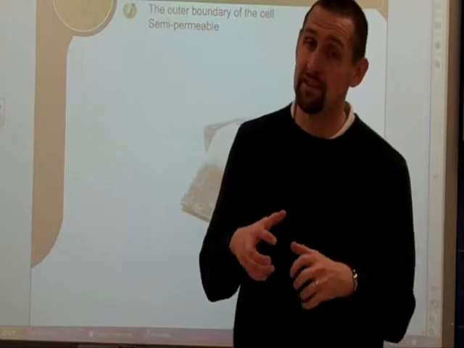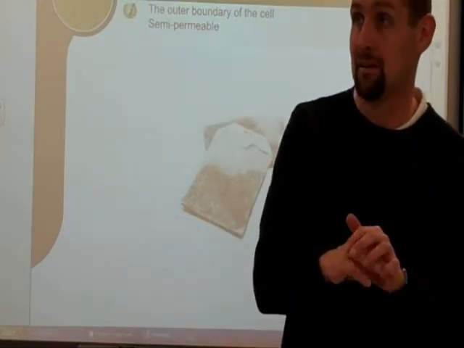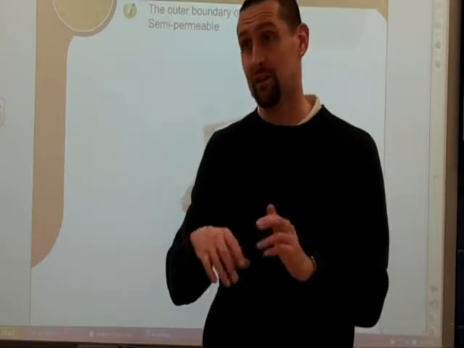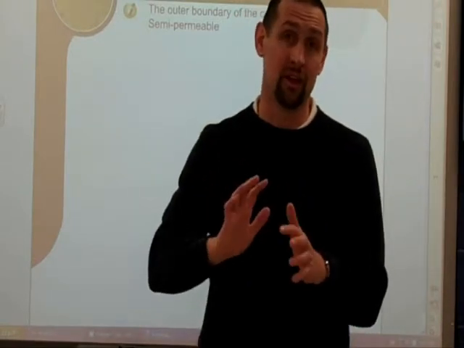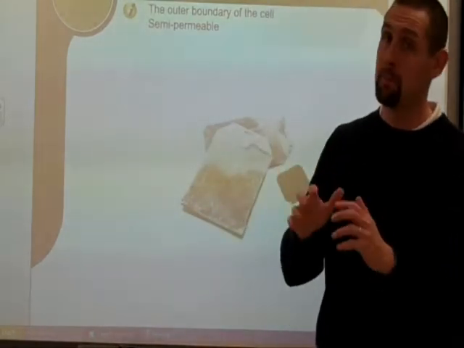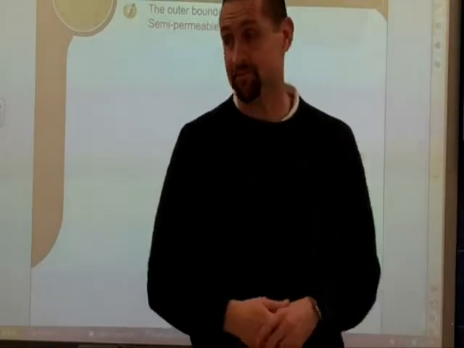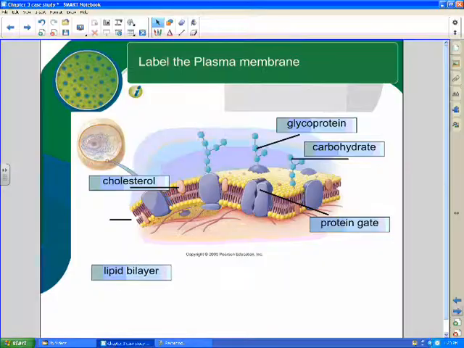The tea leaves, on the other hand, you expect them to stay in the tea bag. The tea flavor, you expect to go in and out of the bag freely. So it's semi-permeable. Some things come in, but not everything. Some things go out, but not everything. Like a tea bag.